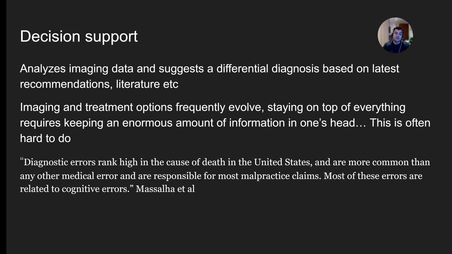And then they go on to say that most of these errors are related to cognitive errors. What does that mean? Well, that means that we as humans are only able to do so much. And working with large amounts of data, we are prone to errors. We will err at some point. And so having that second shield, if you will, having that second layer of protection from those errors is certainly a good thing.